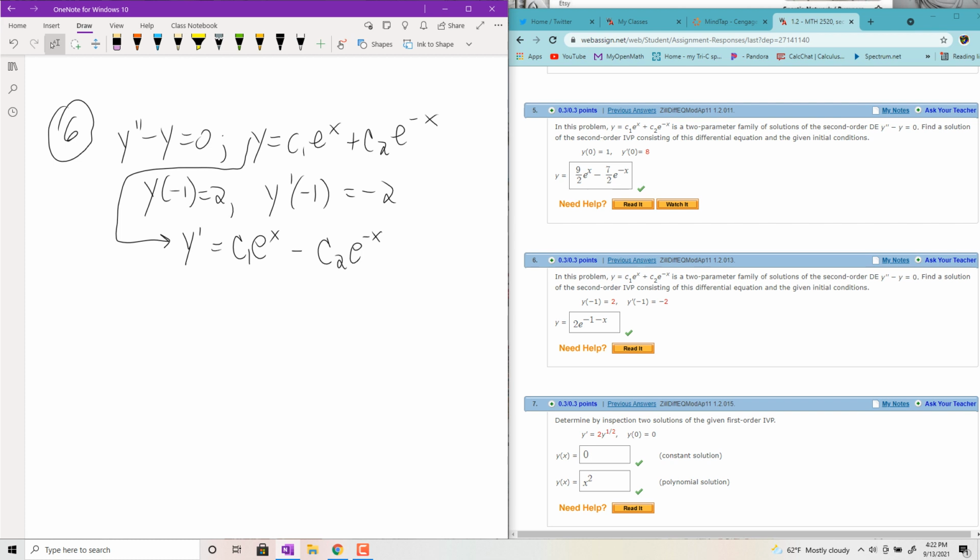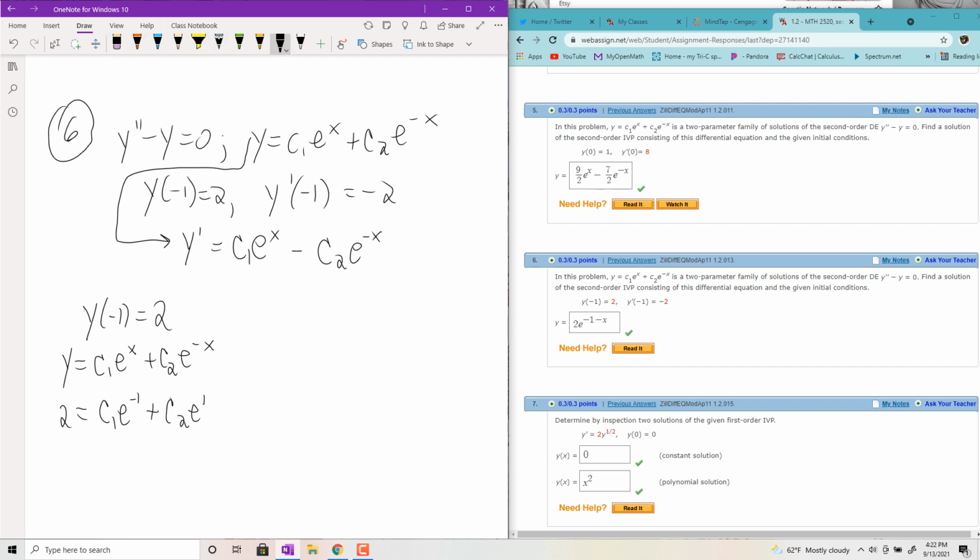First I'll use y of -1 equals 2 in the equation y equals c1 e to the x plus c2 e to the negative x. So plug 2 in for y, and then you have 2 equals c1 e to the -1 plus c2 e to the 1.